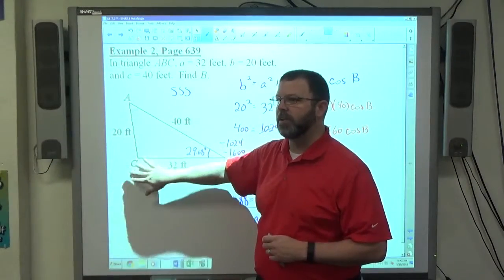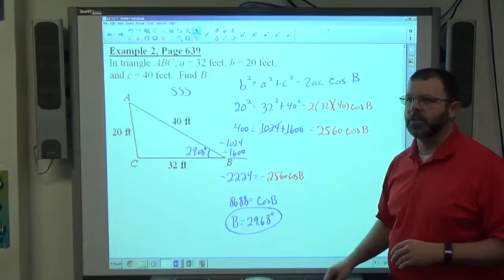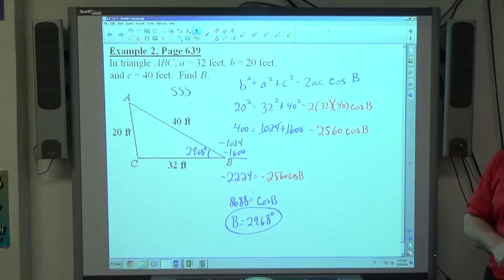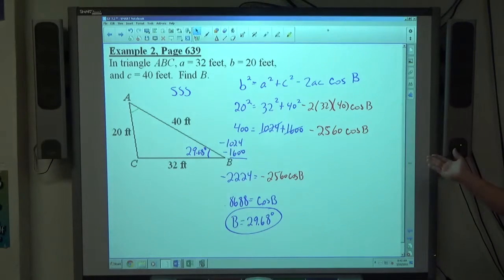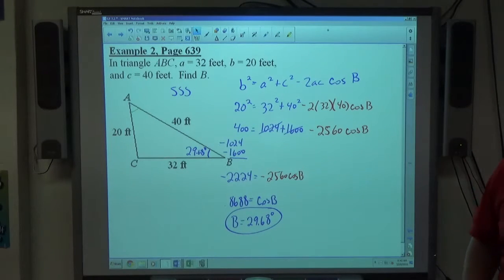As long as I'm not using the law of sines to find the biggest angle, I'm still going to get the only correct answer to the problem without any kind of weirdness. So that's the thing you have to concern yourself with on the law of cosines. When you start getting into those problems that use the law of cosines immediately, don't use the law of sines to find the biggest angle. Nothing good happens from it.